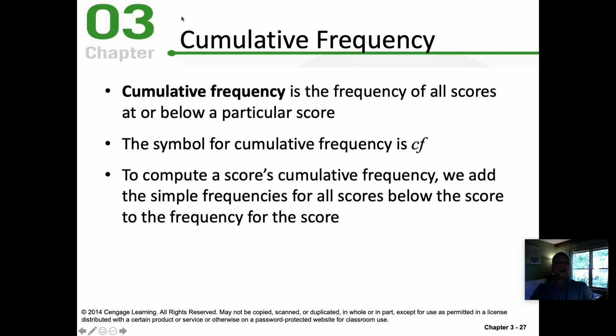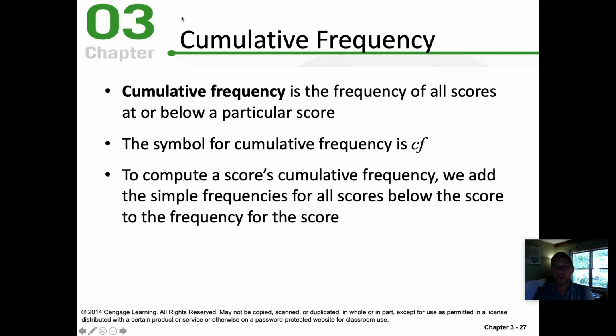So in order to calculate a percentile, we have to start with a concept called cumulative frequency. Now, this is related to frequency and to relative frequency, but it's a cumulative thing. A cumulative frequency is the frequency of all the scores that are at or below a particular score.